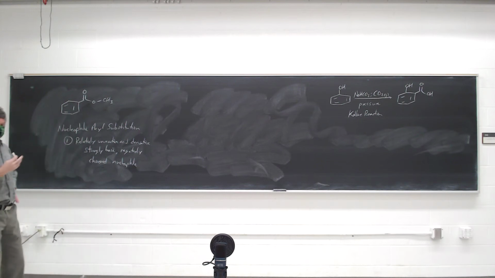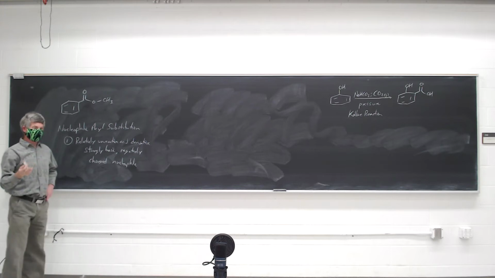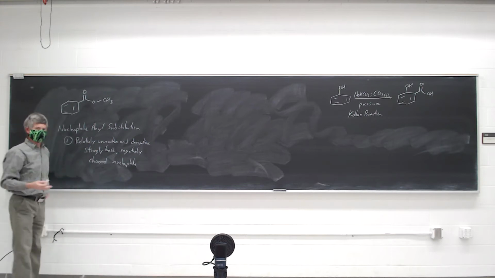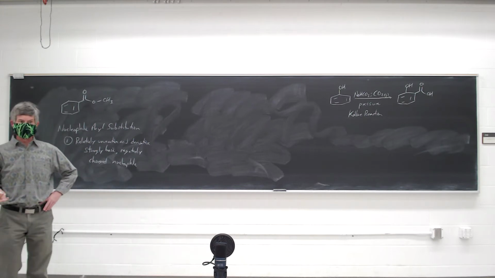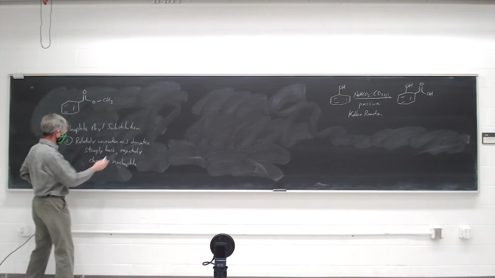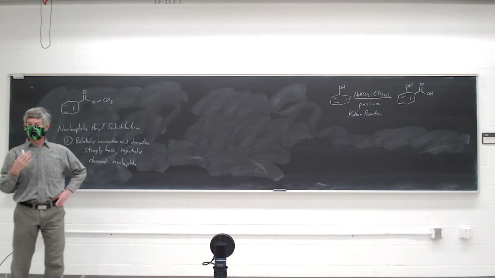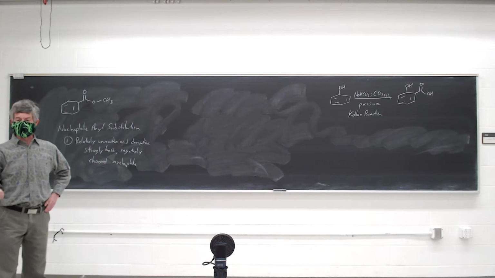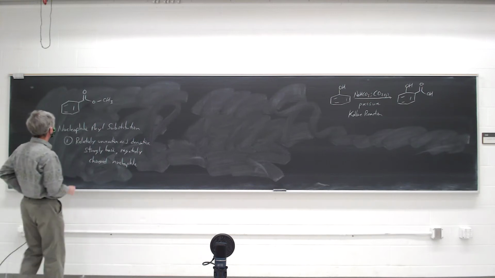So this mechanism for saponification is characteristic of all of the examples where we have relatively unreactive acid derivatives like esters and amides. And we have strongly basic negatively charged nucleophiles like alkoxide ions or amide ions or things like that.